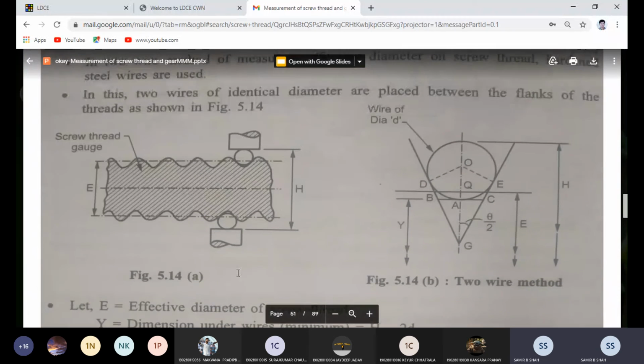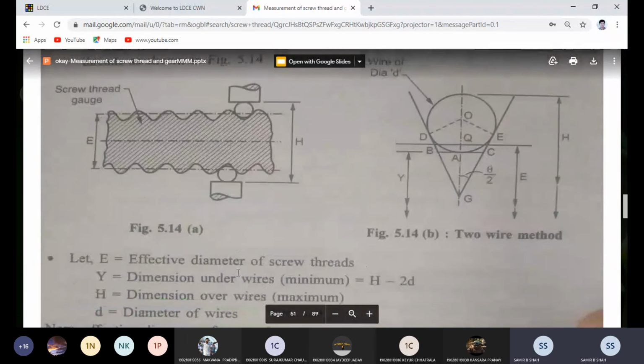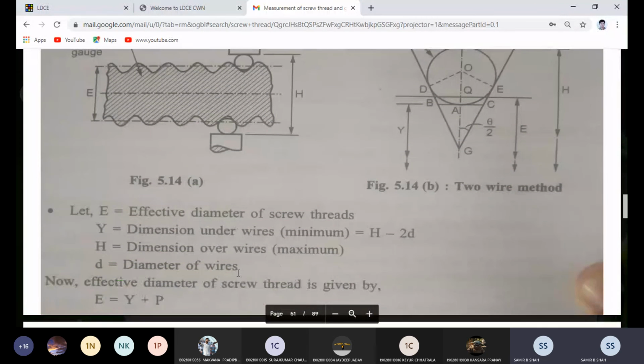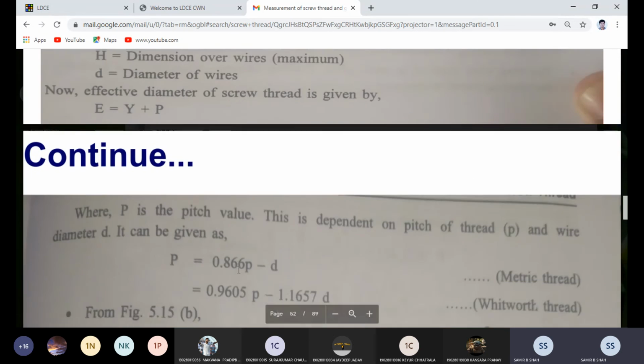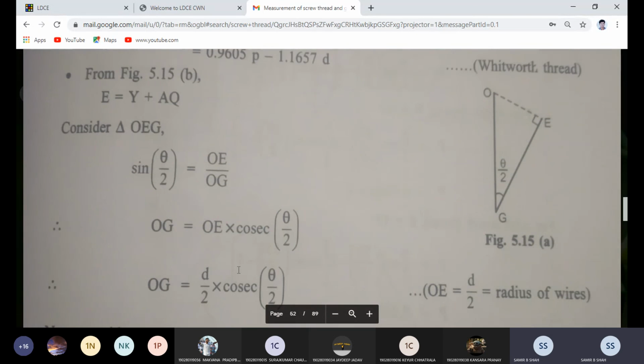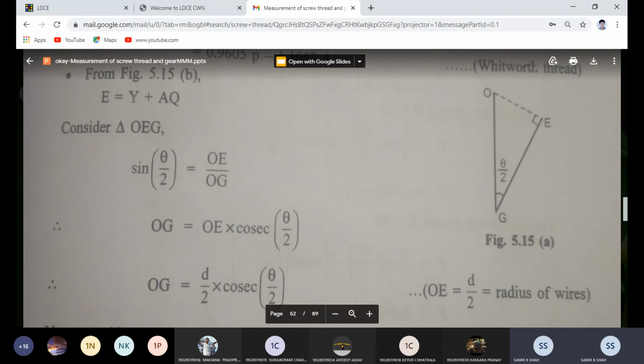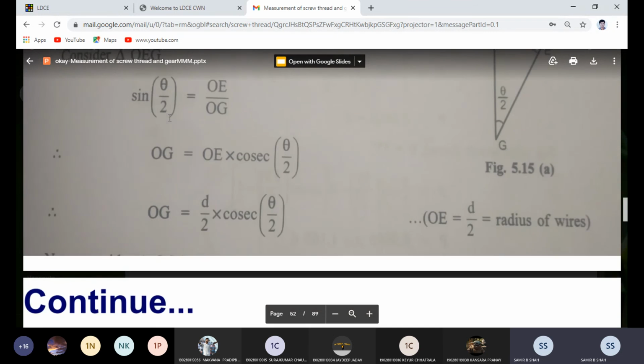And that we sum with y, and we get the dimension of effective diameter, as we know very well that E is equal to y plus AQ.